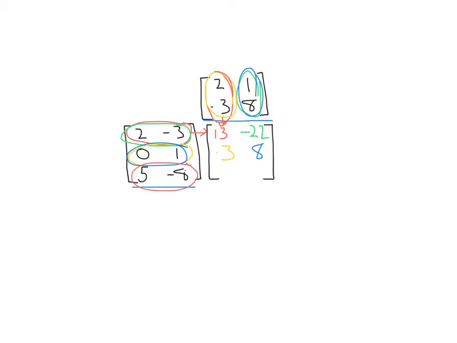This row times this column will have 10 plus 24, 34. And this row times this column will have 5 minus 64 is negative 59. And we've gotten the same result as we got earlier, which is good. So both methods are giving us the same result. Again, you can use whichever method you prefer.